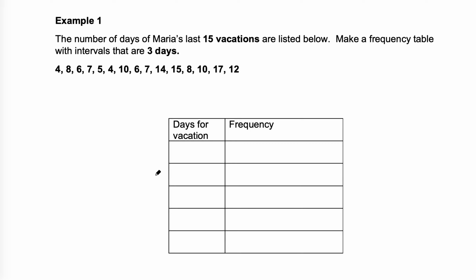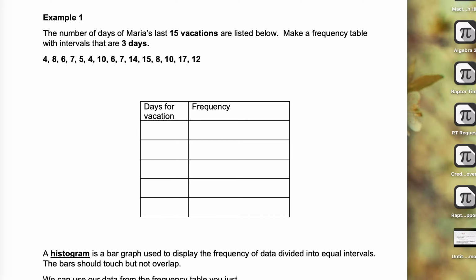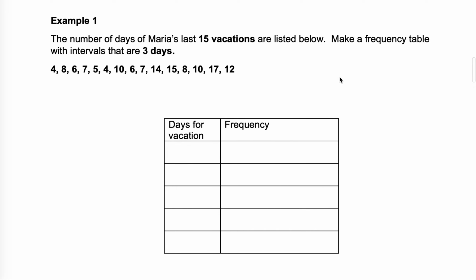Well, the first thing we're going to want to do is put all the numbers in order. Let me pick a little bit thinner of a line here. Looks like I got to write smaller. Okay. So, 4.